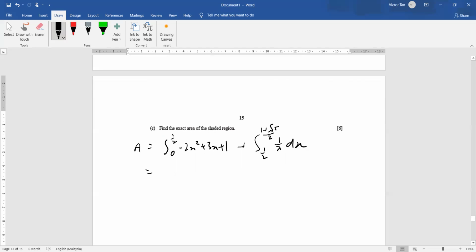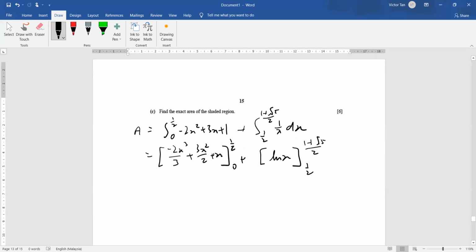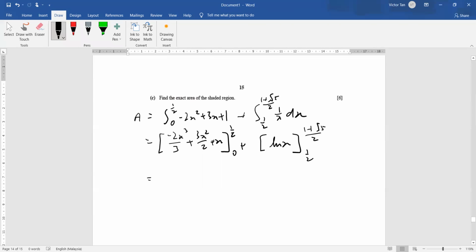So this will be minus 2x cubed over 3 plus 3x squared over 2 plus x, from 0, plus integrating 1 over x, you get ln x. So this will be half cubed is 1 over 8 times 2 is 1 over 4, divided by 3 is minus 1 over 12.